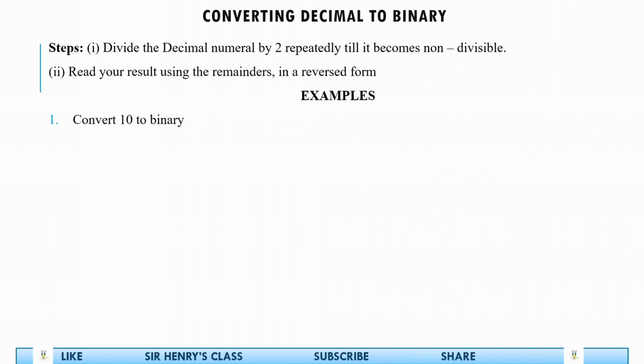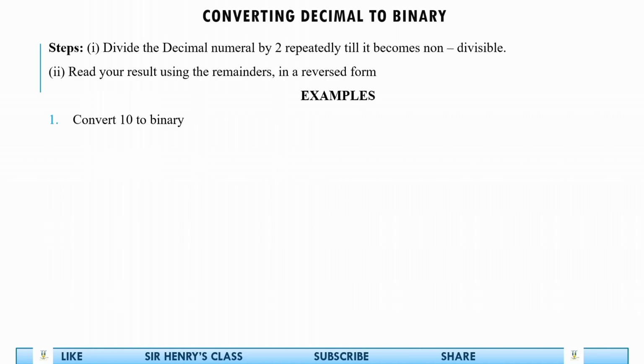Now, how do we convert or calculate from one system to another? We are starting with the decimal. If I have a decimal number, how do I change it from decimal to binary? These are the steps. Step 1, you divide the decimal numeral by 2 repeatedly till it becomes non-divisible.